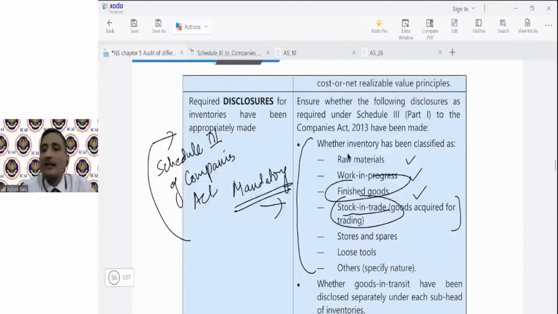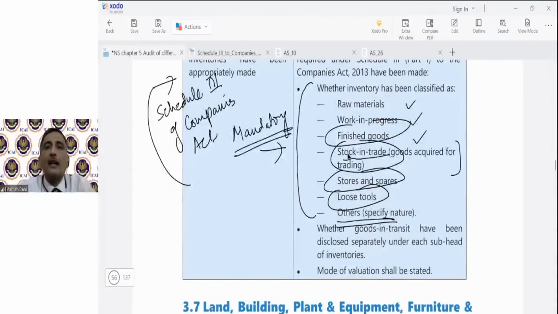Okay, stores and spares, loose tools and others. So inventories have to be classified into these heads as per Schedule 3.